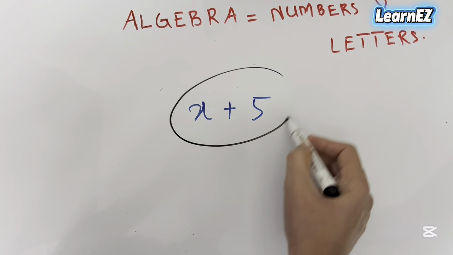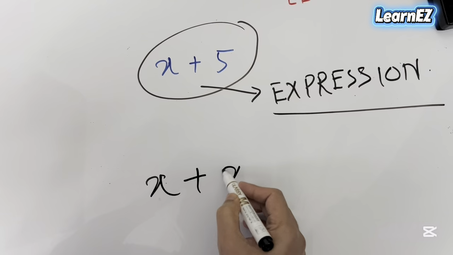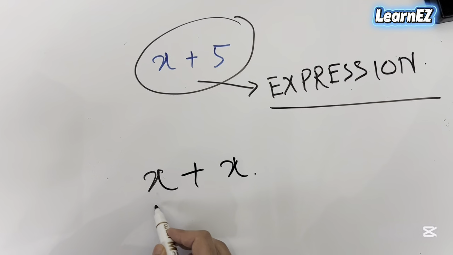But by the way, x plus 5 will remain as x plus 5, and we call it an expression. So this is how an expression looks like. Okay, there's a sign of addition or subtraction, and there's a variable and there's a number.